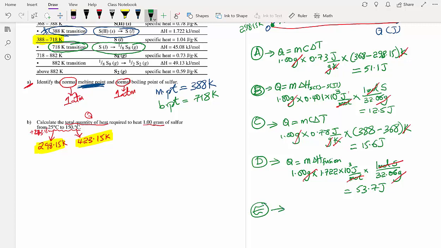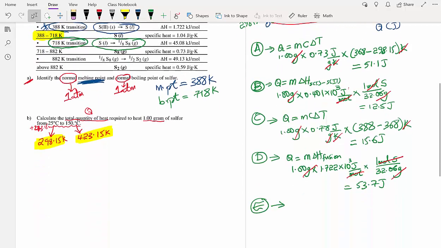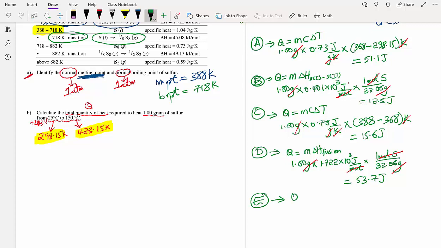And then we go to stage E. In stage E, the temperature is changing from 388 Kelvin to 423.15 Kelvin, which means that Q is equal to mc delta T. Plug in the numbers. Mass is 1.00 gram.